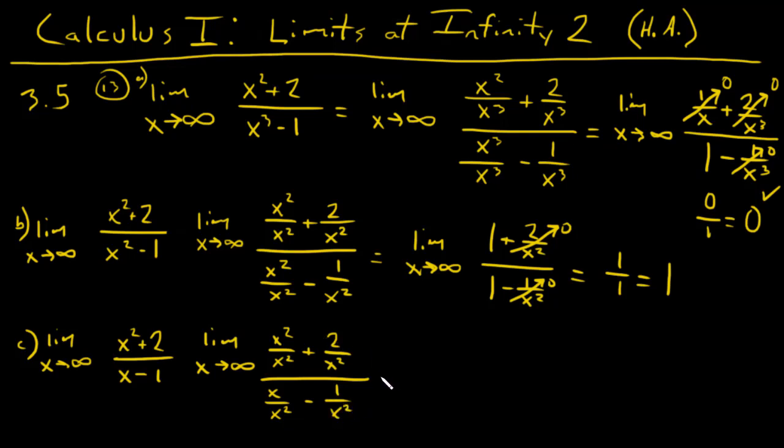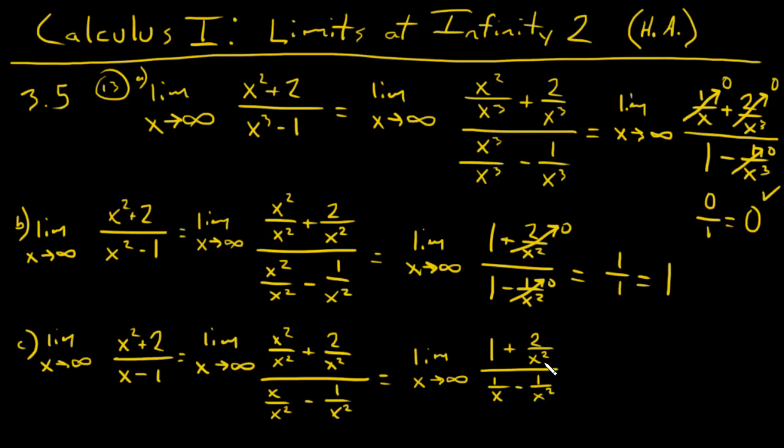Okay, so that's going to simplify into, I'll put equal signs here, the limit as x goes to positive infinity of 1 plus 2 over x squared, and then all of that over 1 over x minus 1 over x squared.